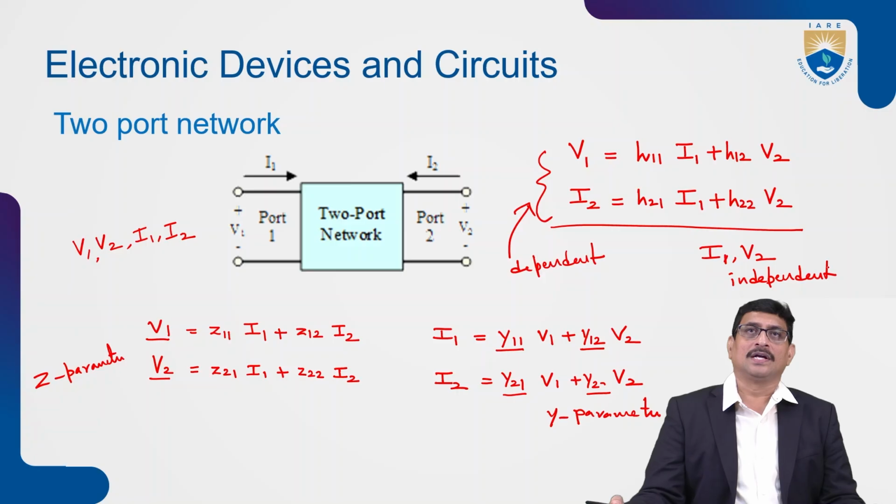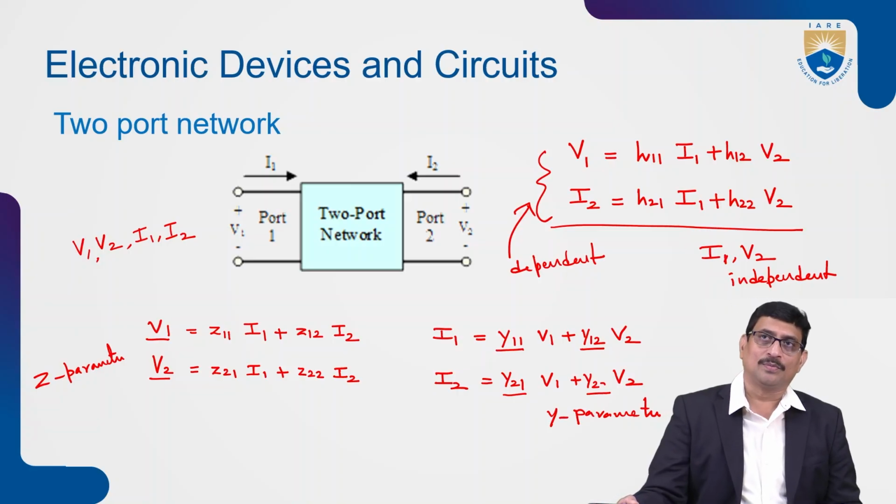So here the transistor can also be used as a two-port network device by considering one of its terminals common for both the input and output.